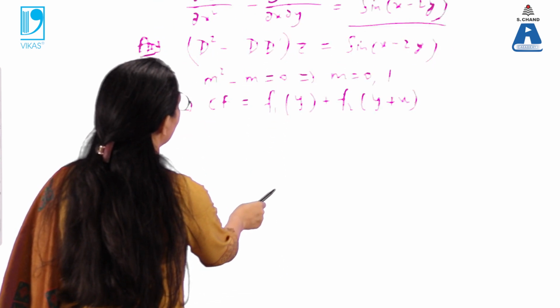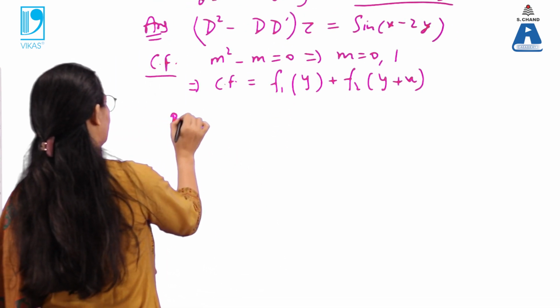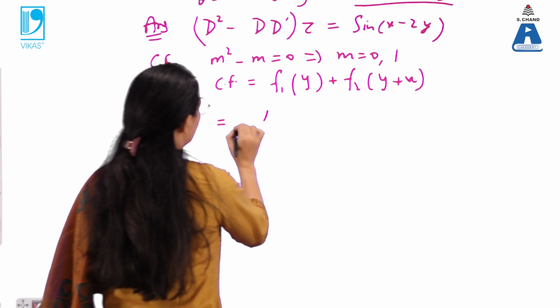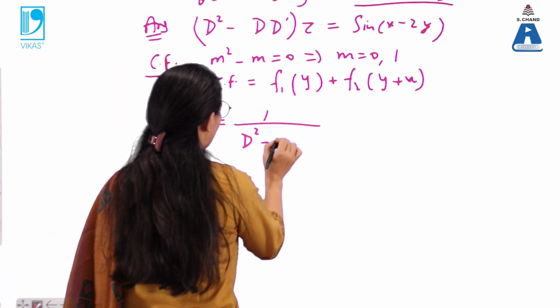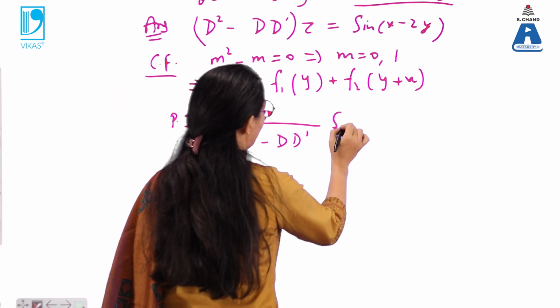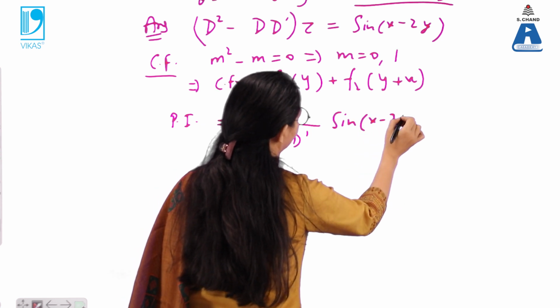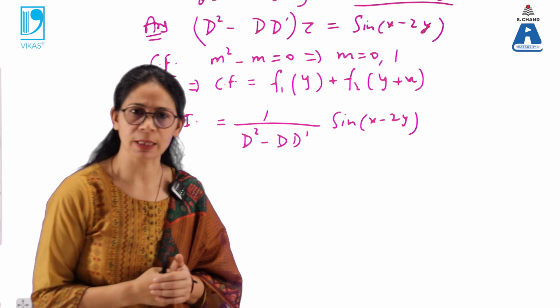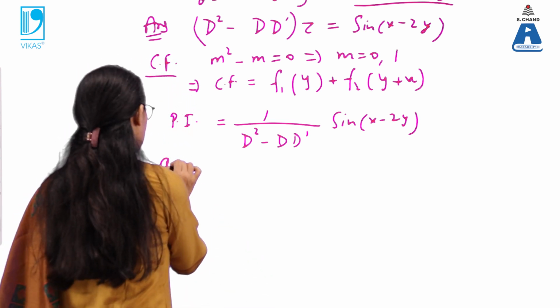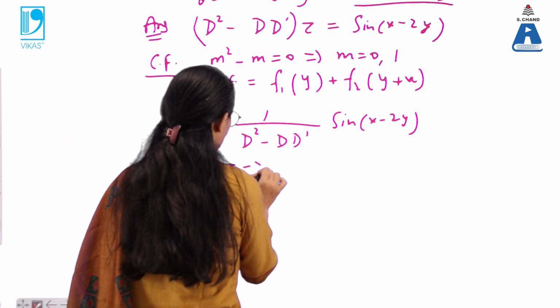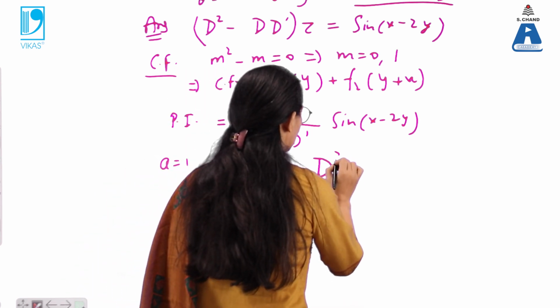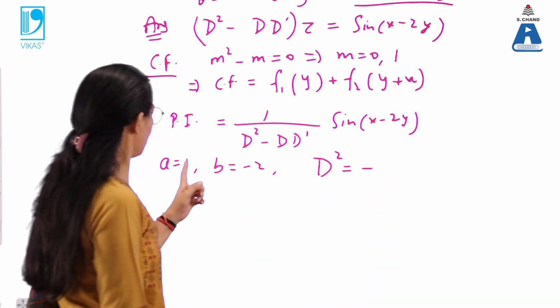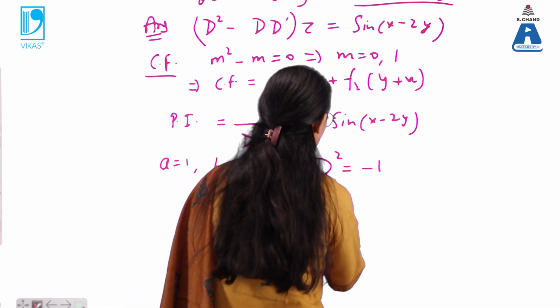Now we need to write down the PI. So it is 1 over (D squared minus D dash) sine of (x minus 2y). If we compare it with the form sine of (ax plus by), here a is 1 and b is minus 2. Therefore D squared will be replaced with minus a squared, that is minus 1.